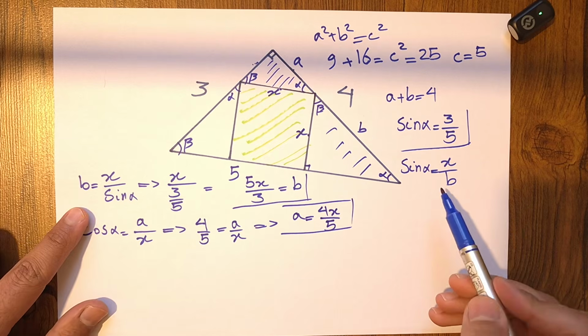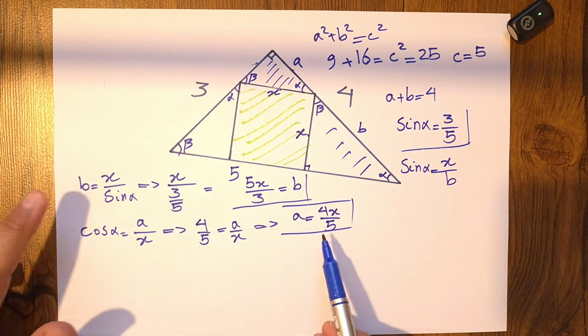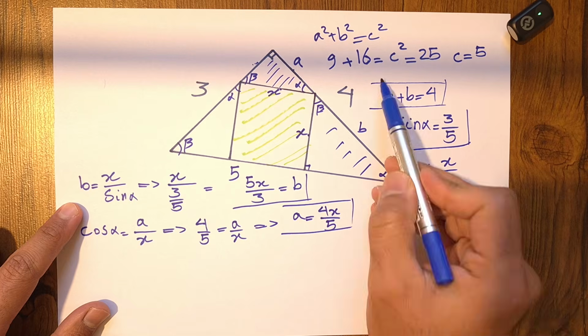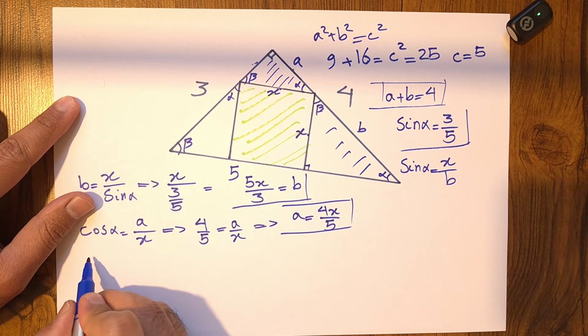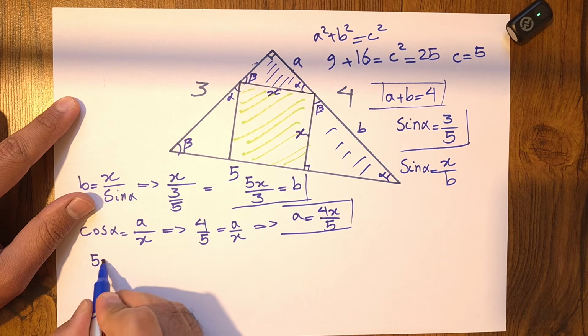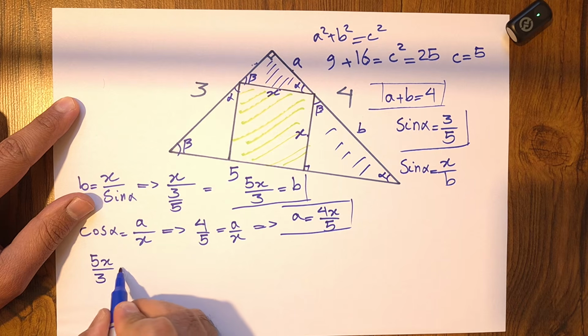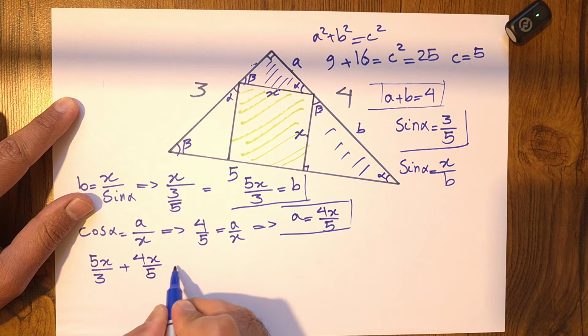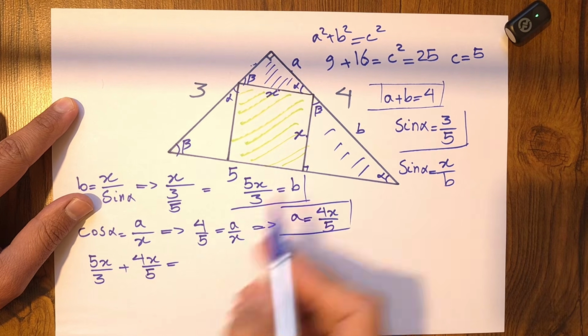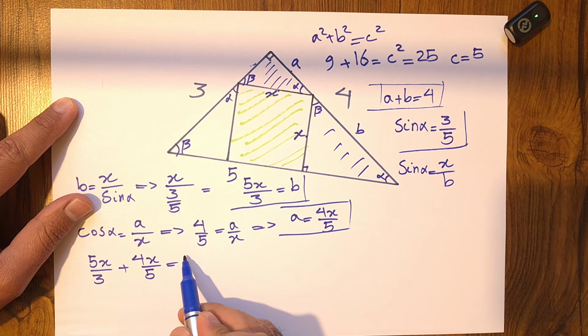So we have b here and we have a here, and we know that a plus b equals 4. Let's just add them together. So what is b? So 5x over 3 plus a, 4x over 5 equals what? Equals 4, the side of this big triangle.